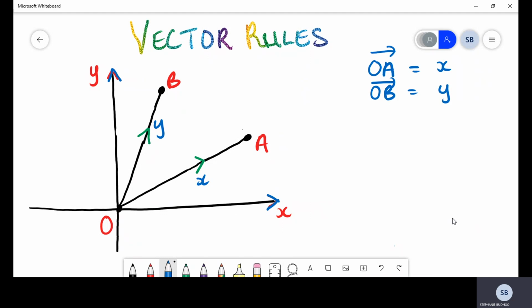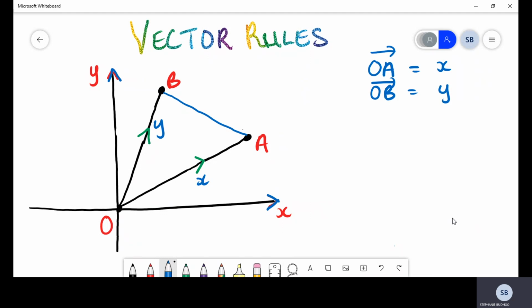They are position vectors because they both begin from the origin and have their magnitudes. Now, let's say I wanted to connect the points, A to B. In connecting them, you can see that they form another vector.